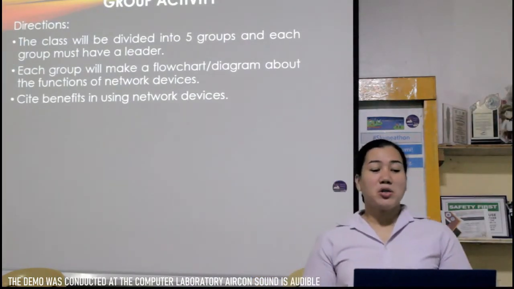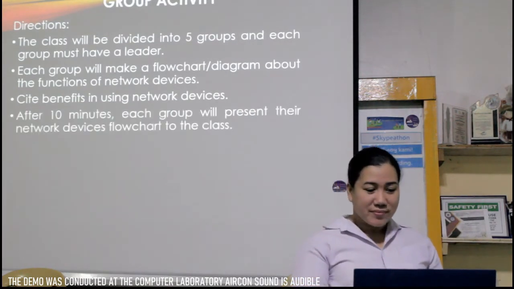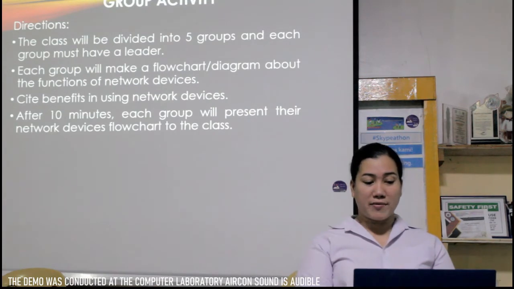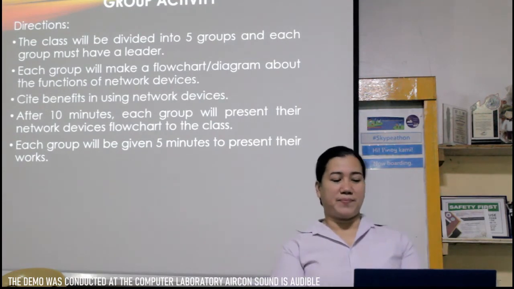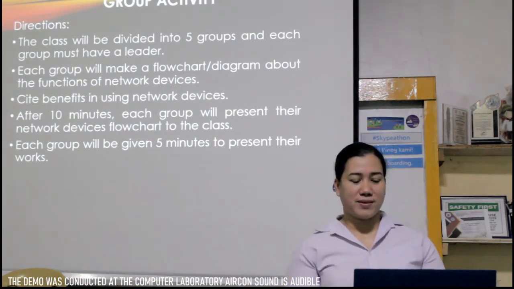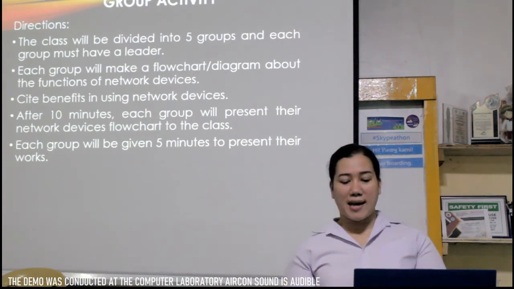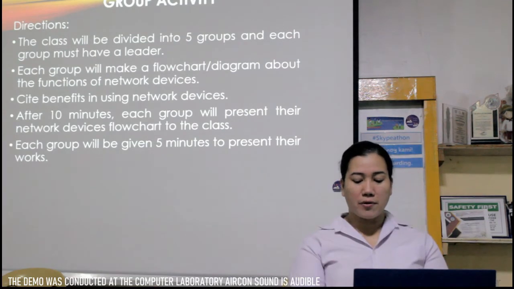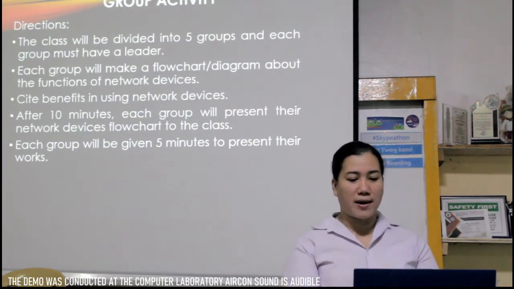You also have to cite benefits of using network devices. After 10 minutes, each group will present their network devices flowchart to the class. Each group will be given 5 minutes to present their work. I have here materials, a cartolina and tokens for your sketch or diagram or flowchart. You can start your activity, go to your group and start.